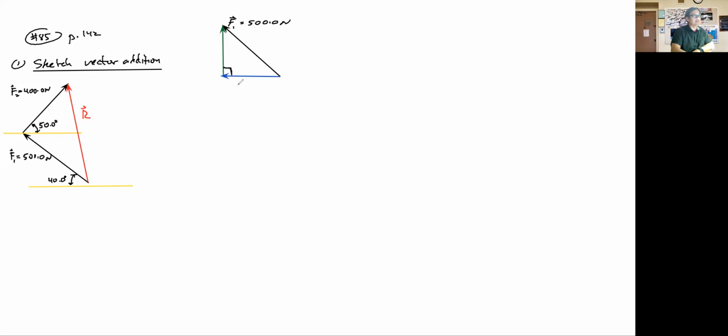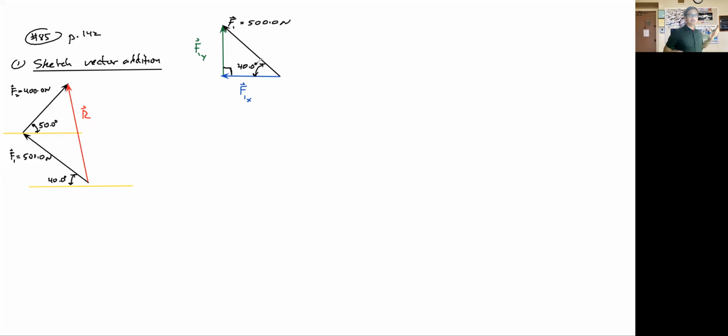This one is the y component of vector 1, and this here is the x component of vector 1. We need to get the lengths of those, and we know this angle right here is 40 degrees.